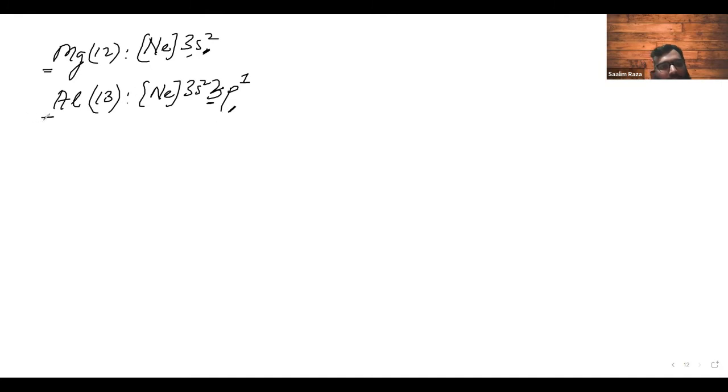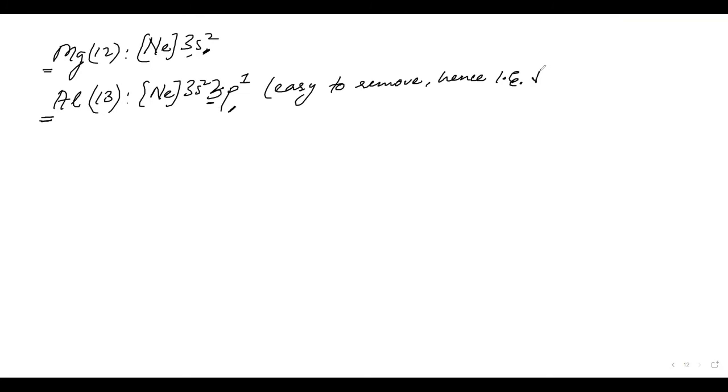So which subshell will be easier to remove an electron from? P. Easy to remove. Hence, ionization enthalpy will be lower or higher? Lower.